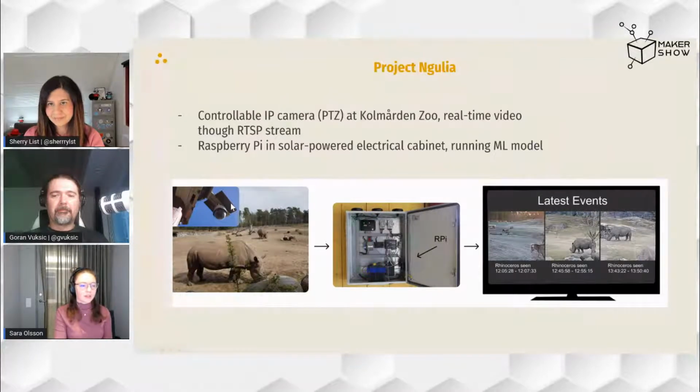We could pan, tilt, and zoom at the zoo we have close by, and we had this Raspberry Pi in a solar-powered cabinet, which was running the ML model. When we found some events, we sent them to a server, and similar to my demo here, we had a web client that could display the events that were happening.